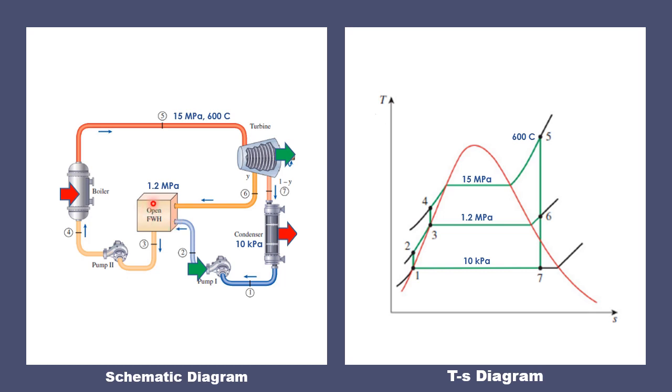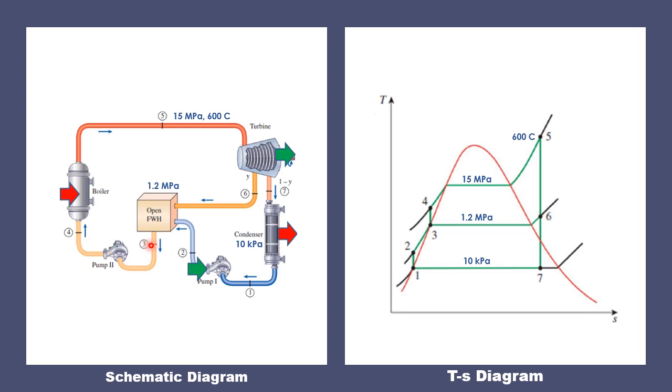They will also exit at the same pressure, which is at point 3. Also, another feature of the open feed water heater is that the fluid leaves the heater as a saturated liquid. That's why at point 3, the feed water is already a saturated liquid.